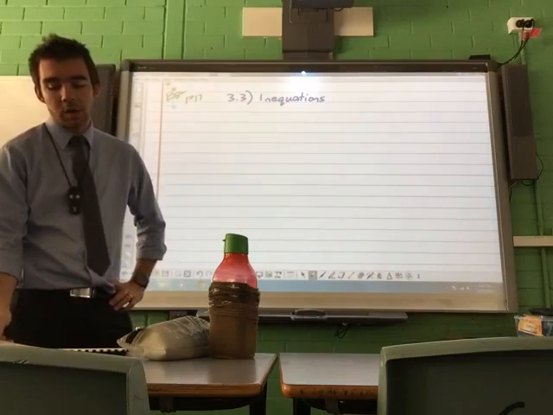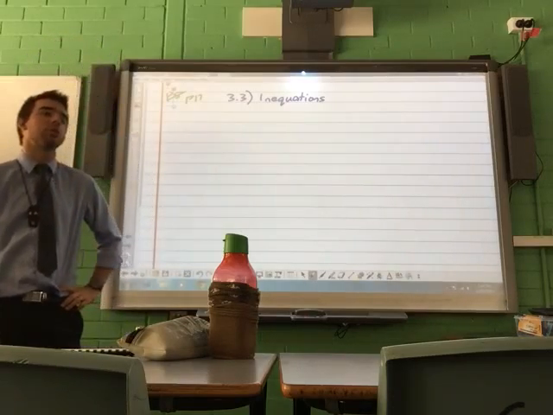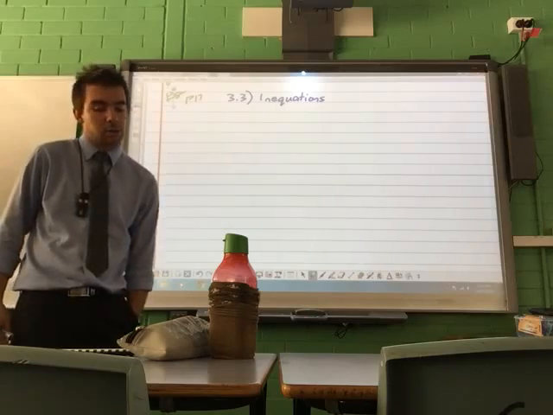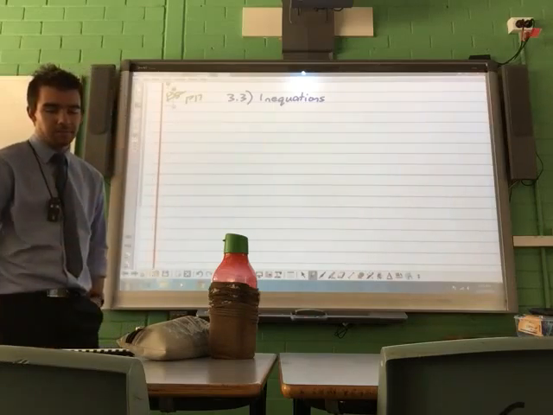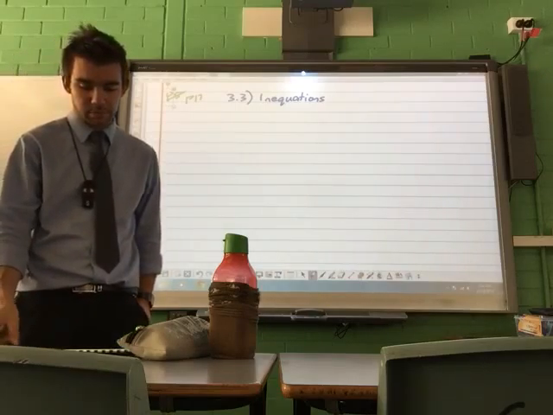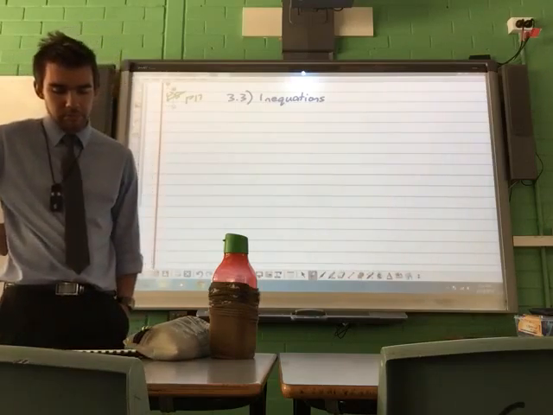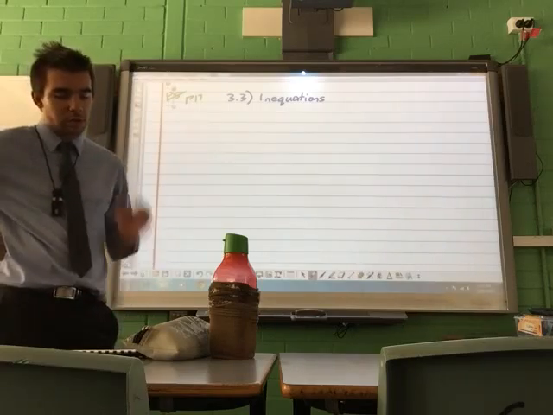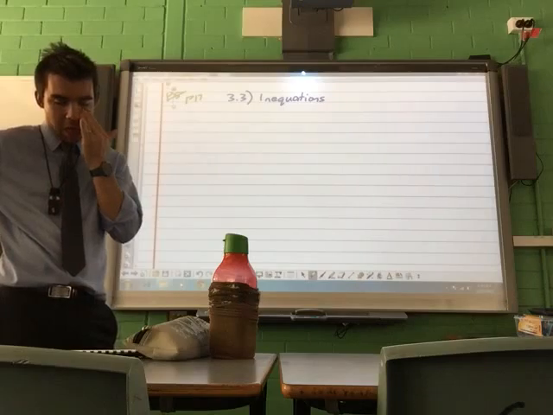When we have an inequality, it means we're going to have an infinite number of solutions. Okay, that's the definition of it. So you should all know your arrows and the bar underneath. And then we're going to look at some graphing today as well.